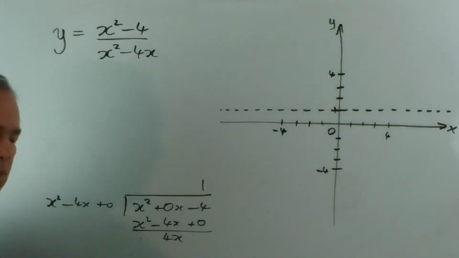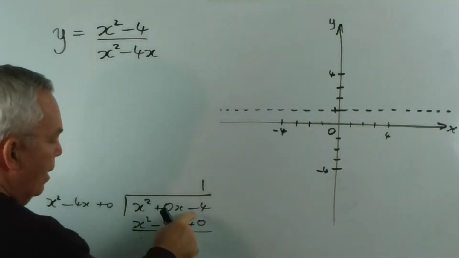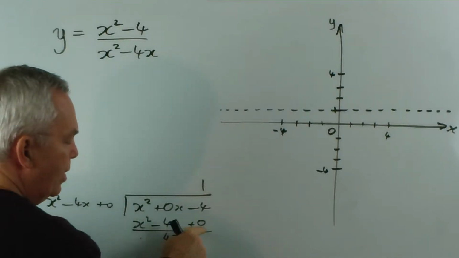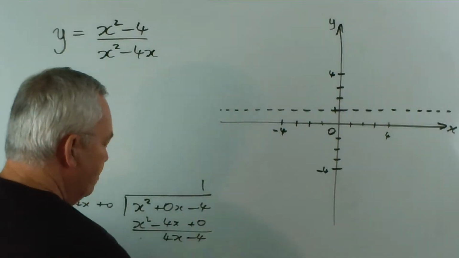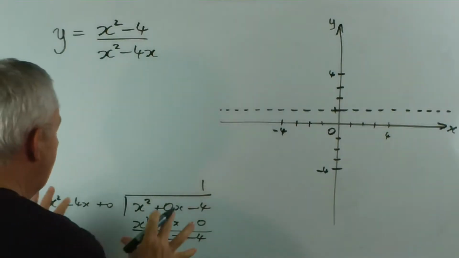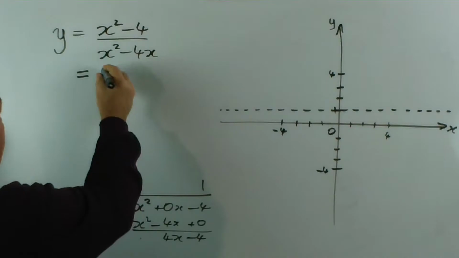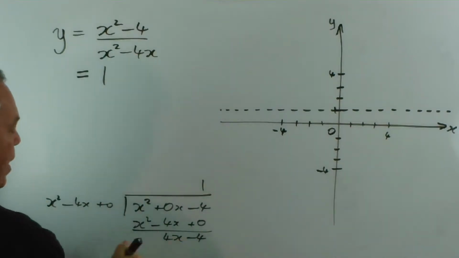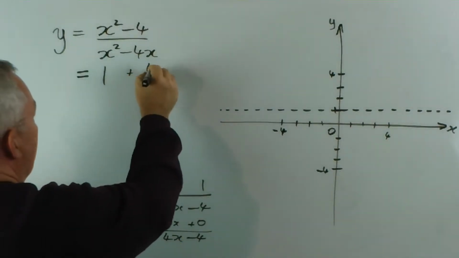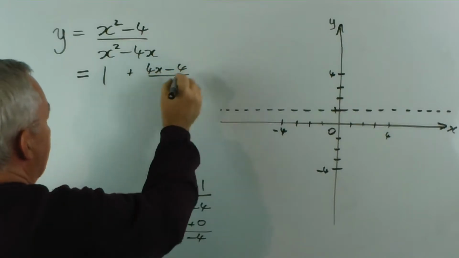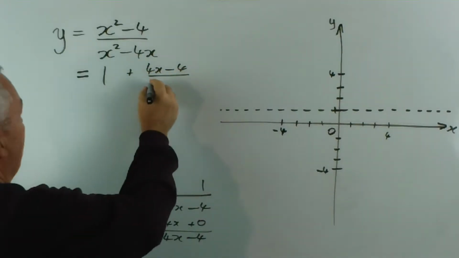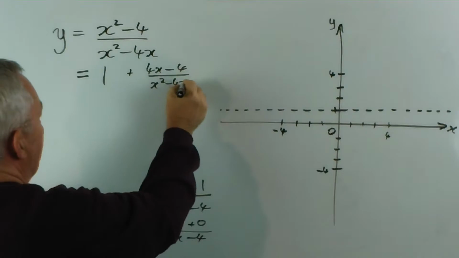Remember that two minuses make a plus. And minus 4 minus 0 is still minus 4. So this one is telling us that y is equal to 1 with this remainder. So I'm going to put plus 4x minus 4 still divided by the x squared minus 4x.